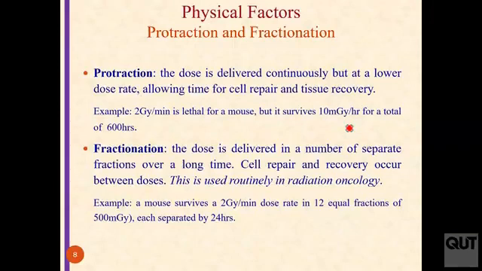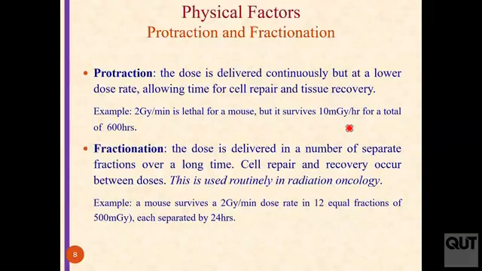It's a dose rate dependence. Fractionation means if you split a radiation dose into fractions. If you give short amounts of dose multiple times, you can generally give more total dose than if you give it all at once.